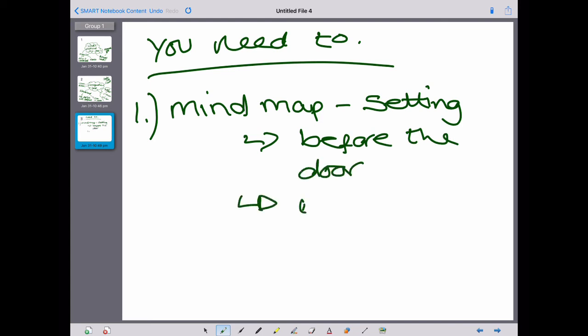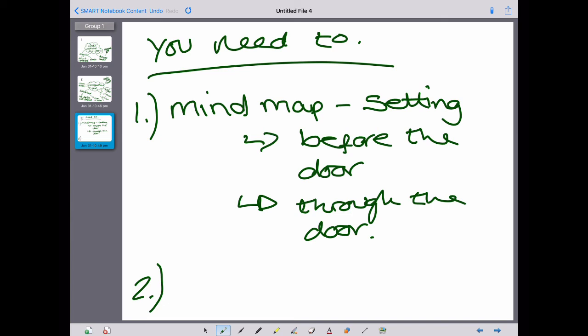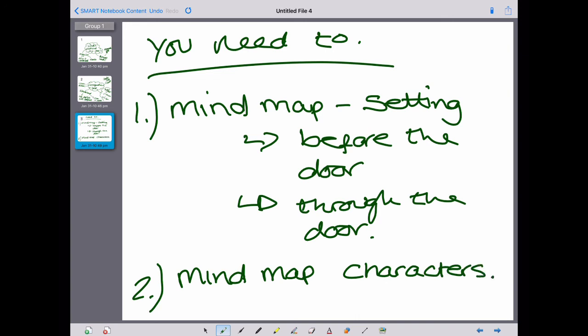And through the door. So that's job 1. Job 2 is to consider any characters. And again, you can mind map those. You might also like to draw them and label.